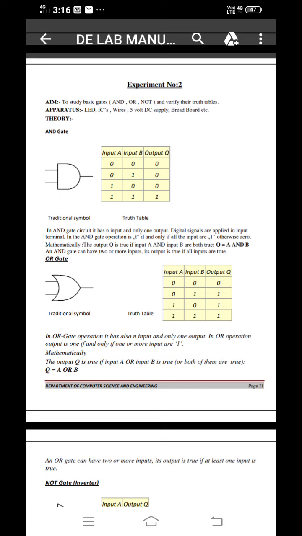It is an electronic circuit which generates an output signal of 1 only if all the input signals are 1. So when both inputs are 1, only then do we get an output of 1. Otherwise, for all other combinations of input, we get only the 0 value. That is our AND gate.